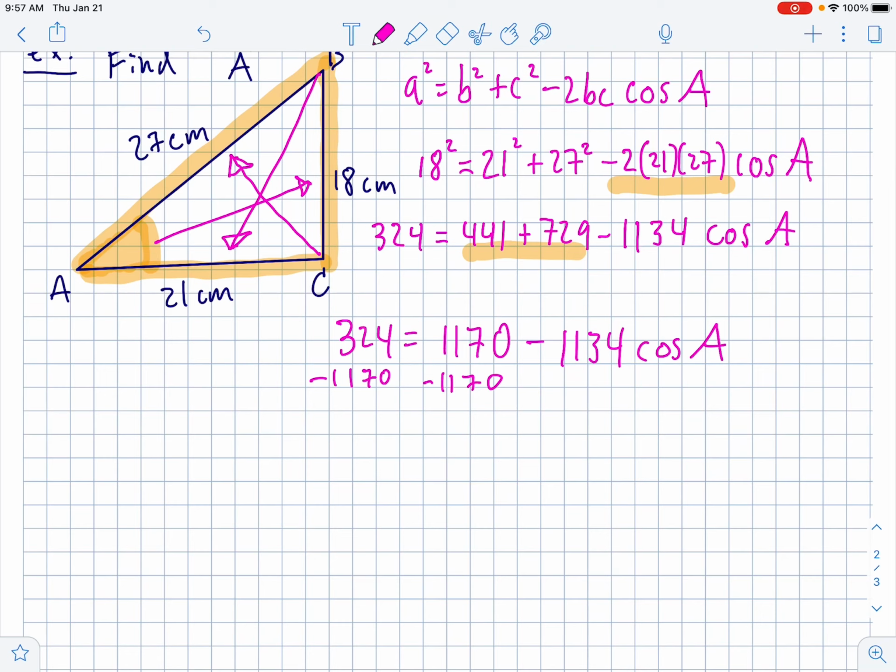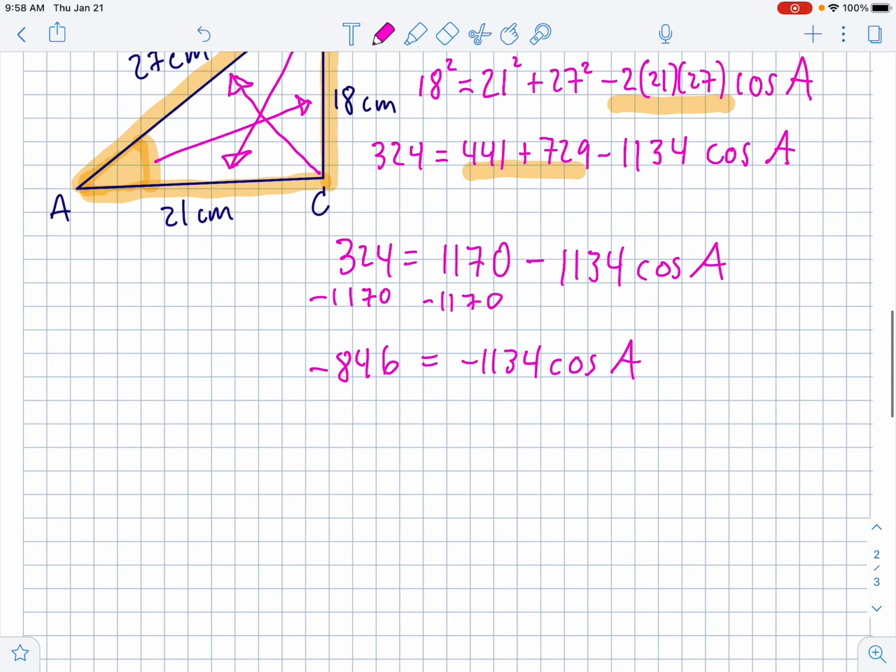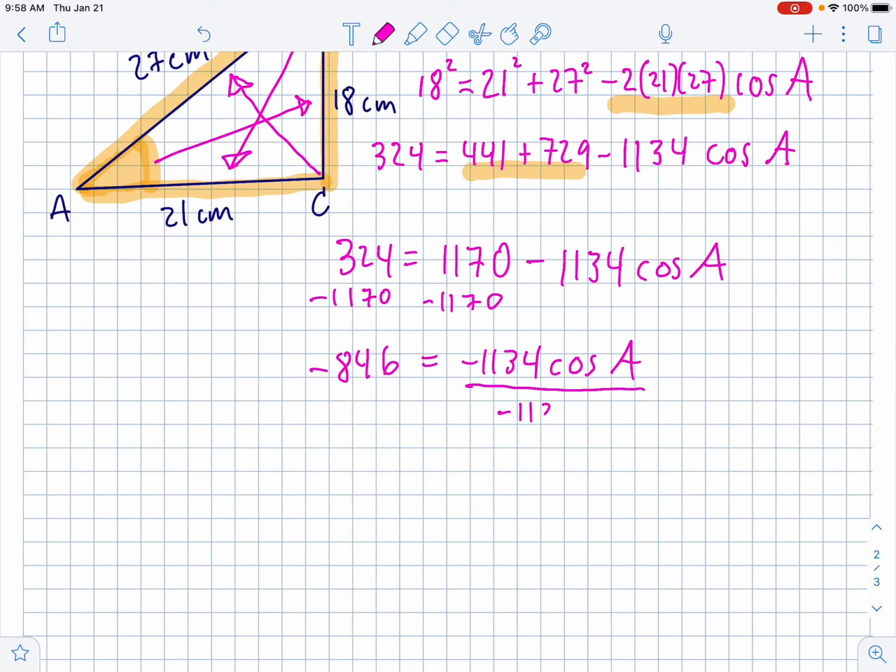So 324 minus 1170 is negative 846, equals negative 1134 cosine A. And then we're going to divide both sides by negative 1134.